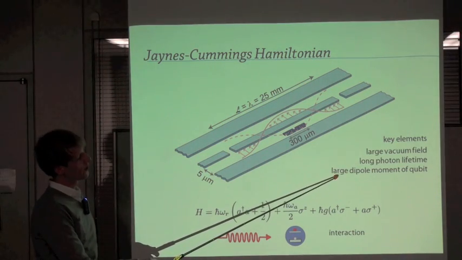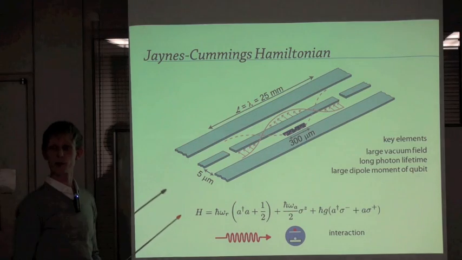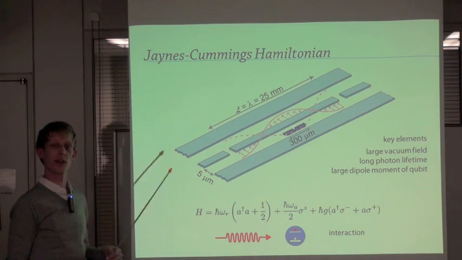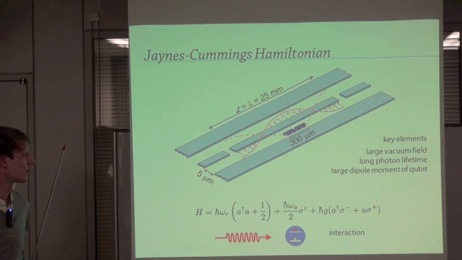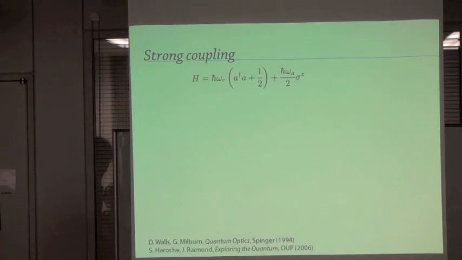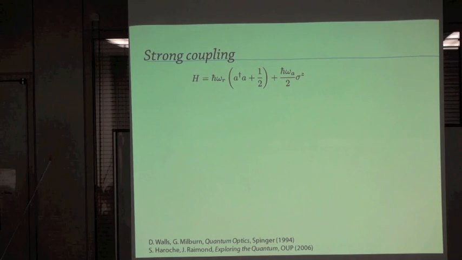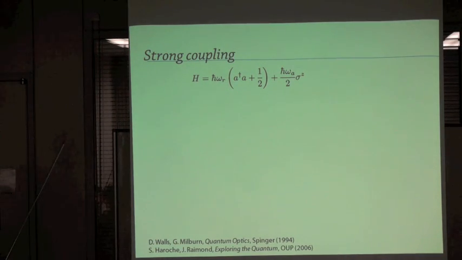Last but not least, we also have a large dipole moment of the qubit, which allows us to have a strong interaction between the qubit and the resonator. This is all made to achieve one goal, strong coupling.